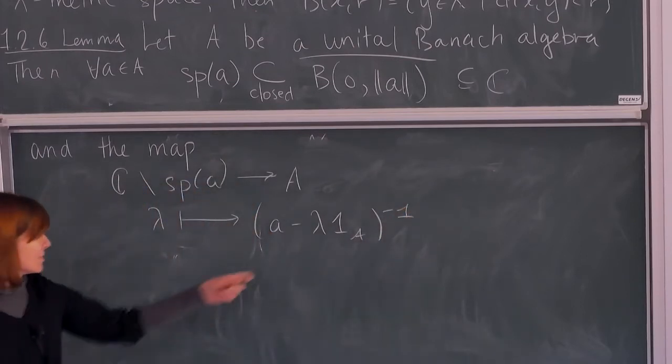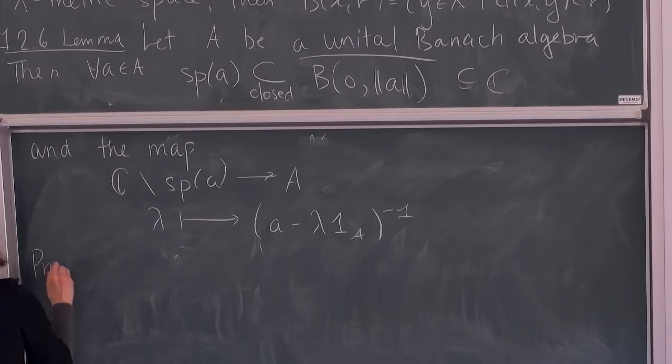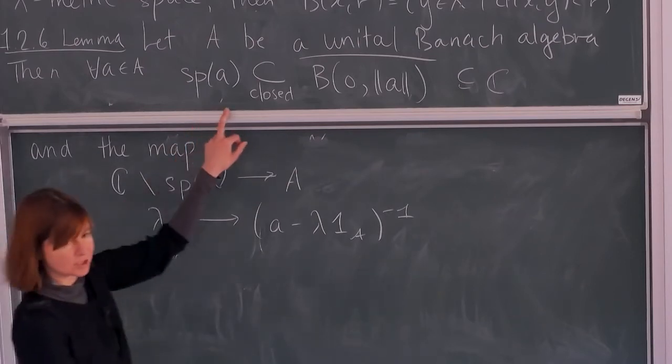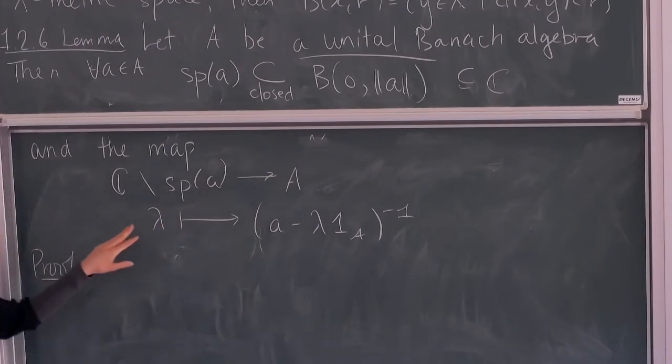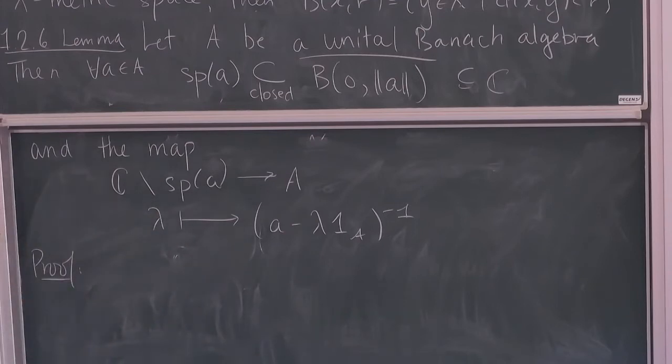And this makes sense, of course, because lambda is not in the spectrum. Okay, so now if we show that the spectrum is closed, then you can see that this will follow from our previous lemma about the differentiability of the map A to A inverse. So we just need to show that this is closed.